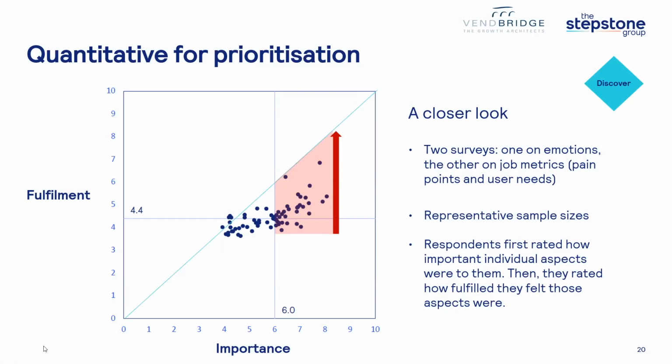People were being asked to go through the job metrics and decide how important are they for you? And, irrespective of how important you find them, how fulfilled are you? So currently in the market, are you happy? Are you satisfied with how that thing is done? And when you bring that back in for a product organization, you do get this clear sense of, well, where is the opportunity?